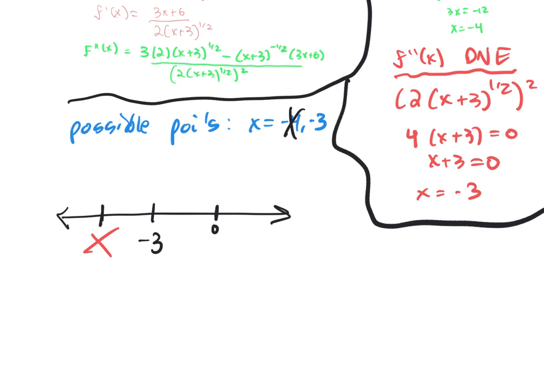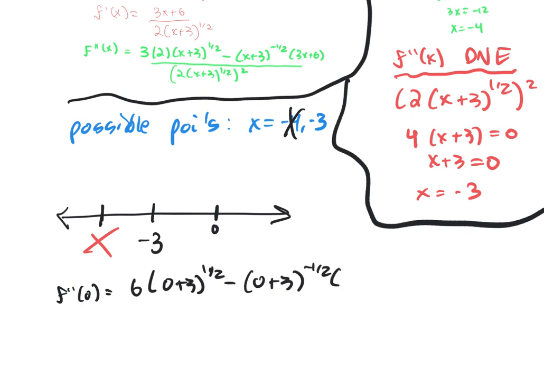And from there, we would plug that into the second derivative. When you look at that second derivative, we have 6 times (0 plus 3) to the 1/2 minus (0 plus 3) to the -1/2.